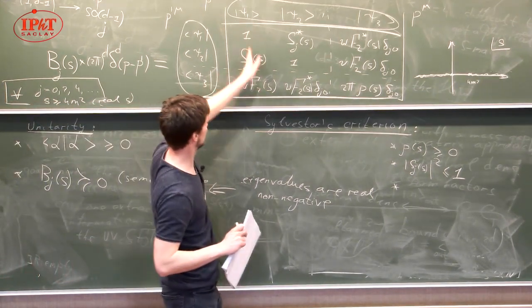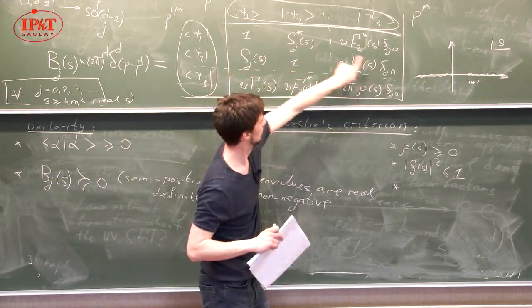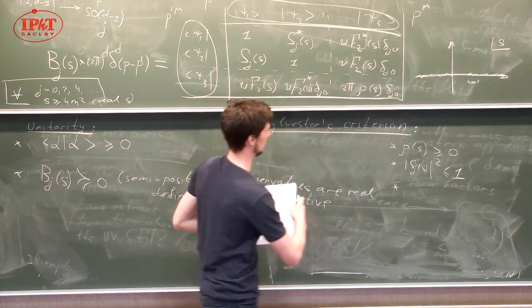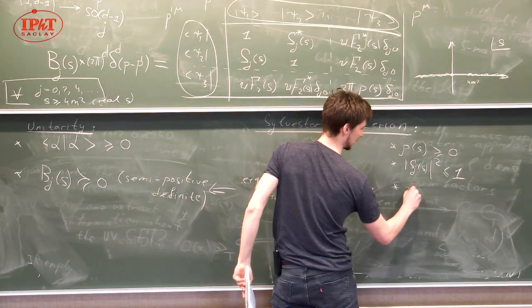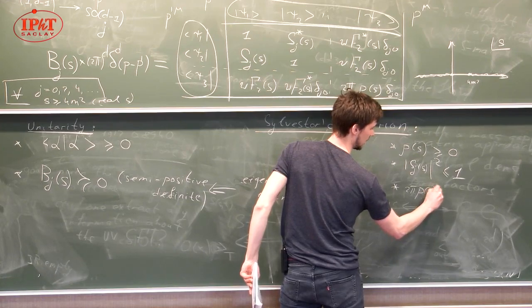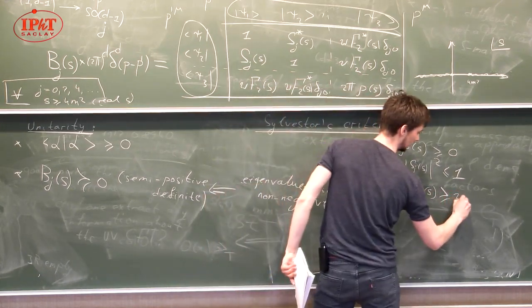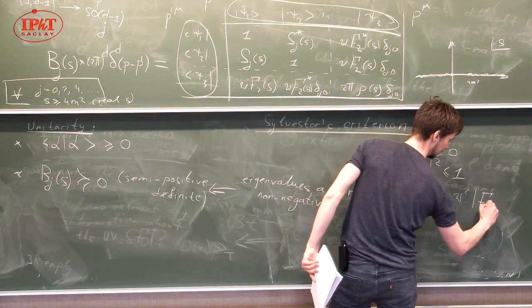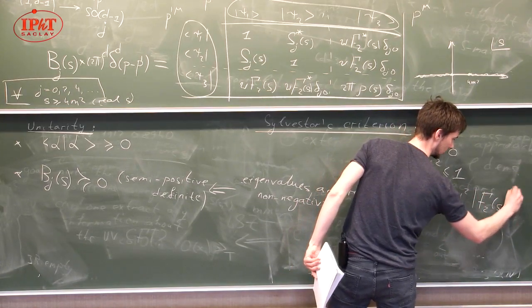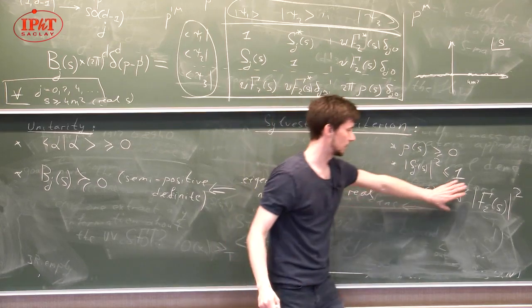Now let's cross out the first row and the first column. I'm left with this 2 by 2 matrix. This one tells me that the spectral density, 2 pi rho of S, should be greater or equal than omega squared. This is just some number.